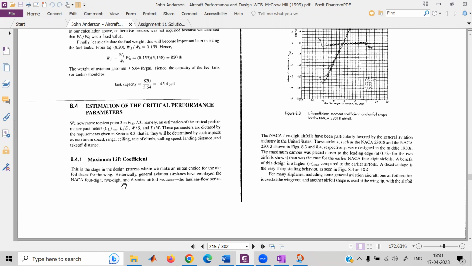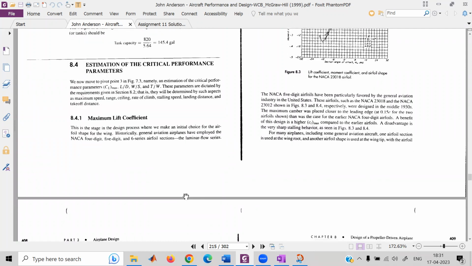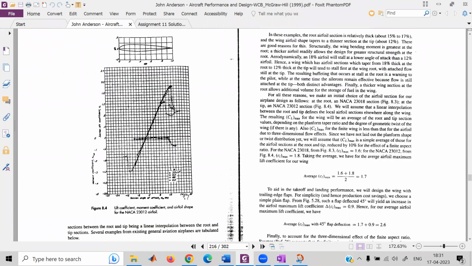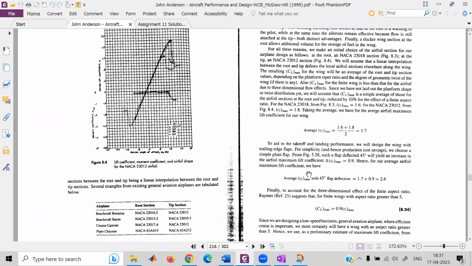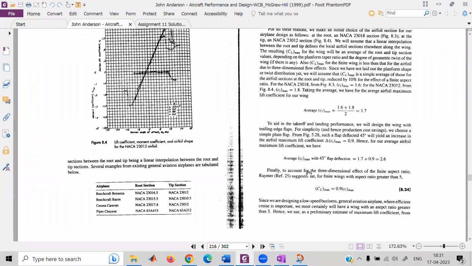So we went with two 5-digit airfoils, a combination of these two different airfoils at root and tip, and somehow averaging the CL for these two, because for all other airfoils in between these two extreme sections, we could just take an average because the flap was deflected, so the maximum CL will increase. We have data for those airfoils. We could safely compute the total CL.